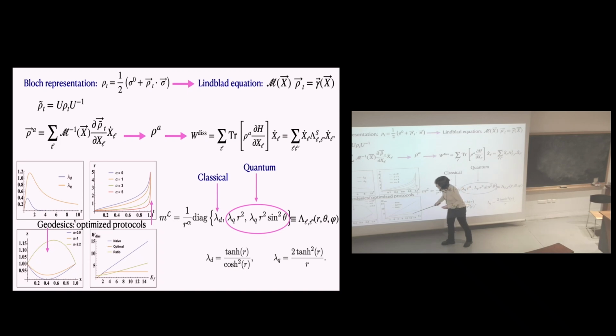And the orange is the optimal path, and you see that this is something meaningful and useful because you could optimize the path in order to minimize the dissipation.